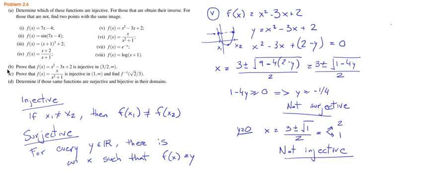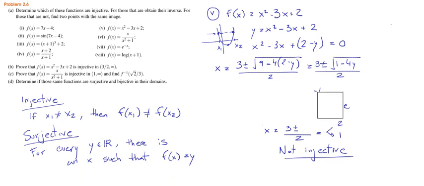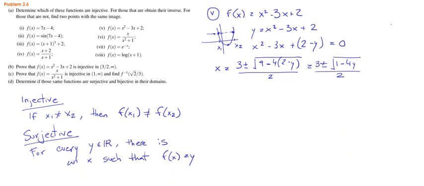And so in part B, the question says, prove that this function f of x equals x squared minus 3x plus 2 is injective in [3/2, infinity). Let's see, how do we say this? I'm going to erase this. This is not injective in general, but we know that the parabola goes through 1 and 2, and it is something like this.